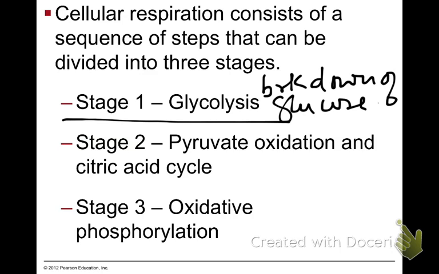In this step, please mind it, it is only breaking down glucose. If you have a huge bar of chocolate, think about it like that. You've just broken it down into two smaller bars of chocolate. That's what has happened at present.